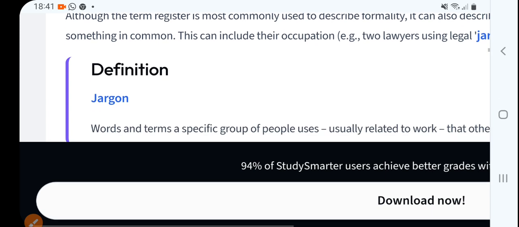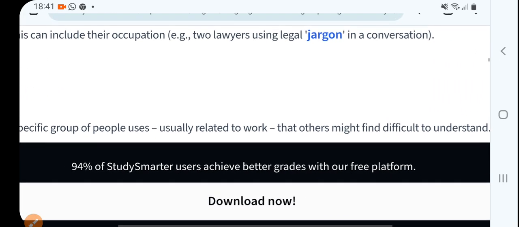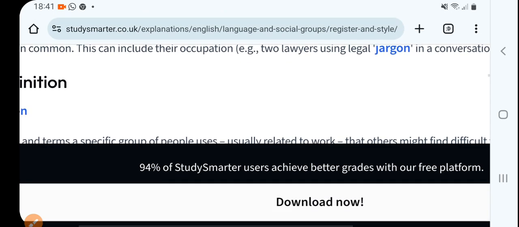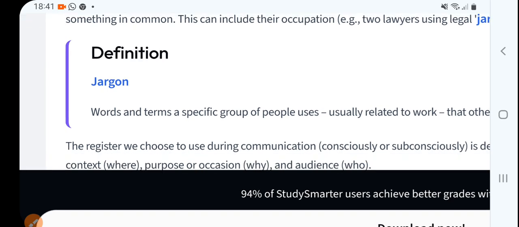This way it differs. This can include occupation: two lawyers using legal jargon in conversation, two doctors using particular language, two managers, two professors. This way, in every domain, according to situation and person, language changes, and then we use jargon.